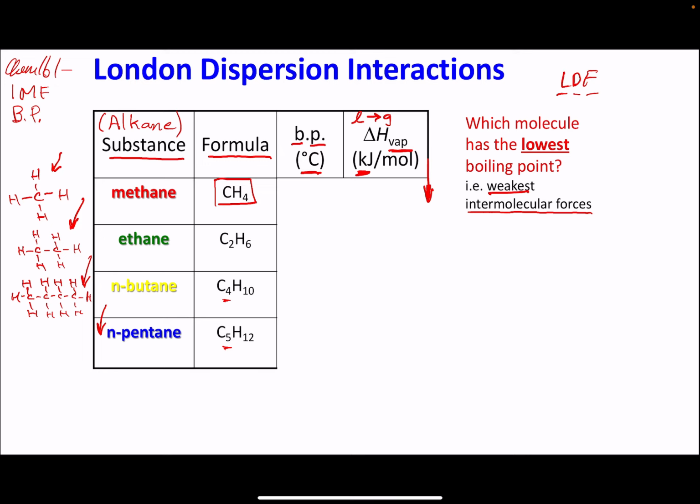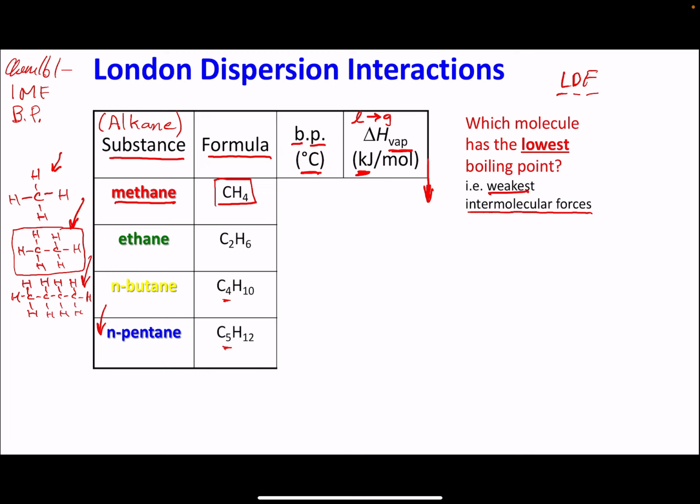Okay, so hopefully you are thinking that the smallest molecule, methane, with just one carbon, would be one that has the least contact surface area between neighboring molecules. If I have a longer ethane molecule, two of these would have an increased opportunity to contact one another and establish London dispersion forces like we learned about earlier.